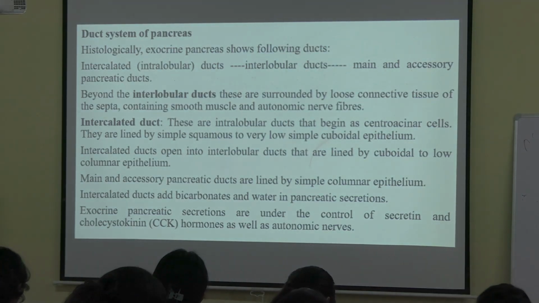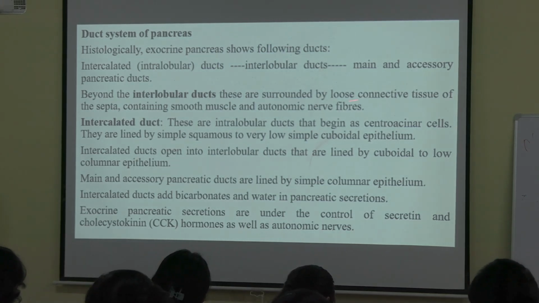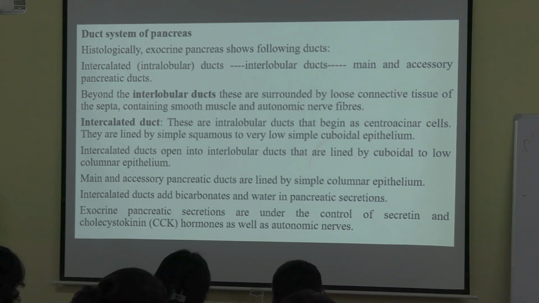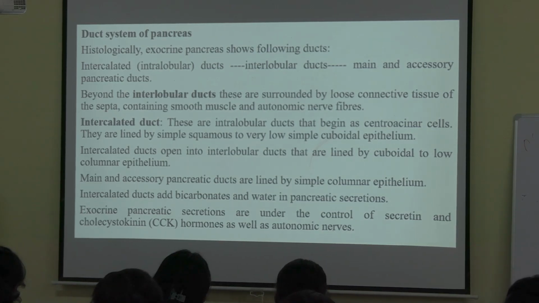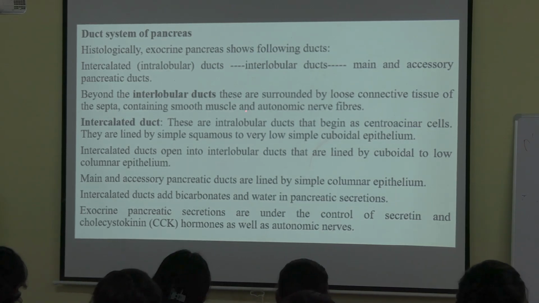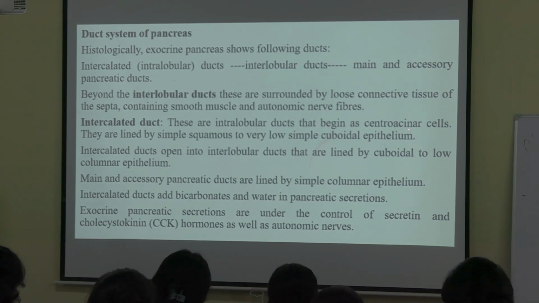The interlobular ducts are surrounded by connective tissue where the septa is there, then autonomic nerve fibers, smooth muscle fibers, all of which help in conducting the enzyme through the duct.